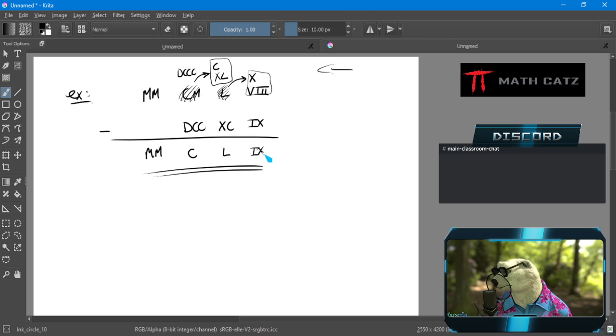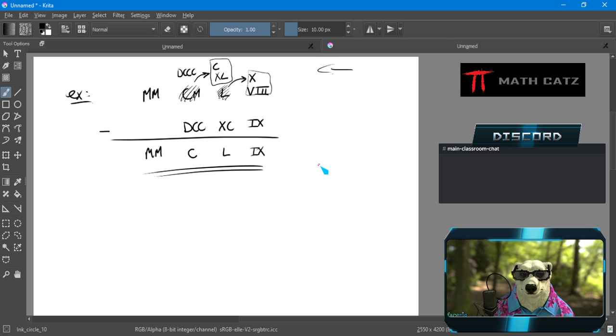Sometimes it seems as if there is a shortcut, and it's just not going to work all the time. It depends on what these numbers are. So think about the number represented by that column, and then do the subtraction in your head in English in the decimal system, and then just convert the answer back.